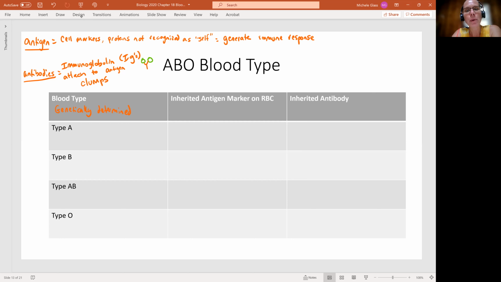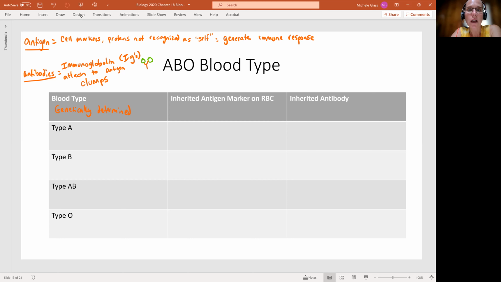You're getting both an antigen marker that's actually part of your red blood cell, and of course that's recognized as self, right? Because they're yours. And then you also get an antibody. This is maybe somewhat unusual, but in the case of ABO blood type inheritance, you're inheriting both the marker on your red blood cell and a type of antibody.